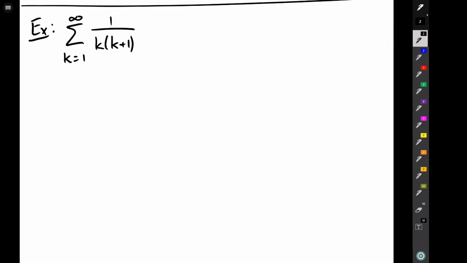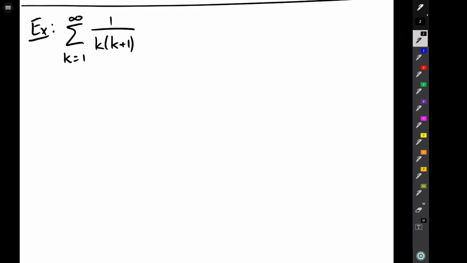So what I'm going to suggest we do is the same thing we did when we were trying to find the limits of sequences. We want to try and find a pattern and take the limit of that. So for a series, we need to find the sequence of partial sums.